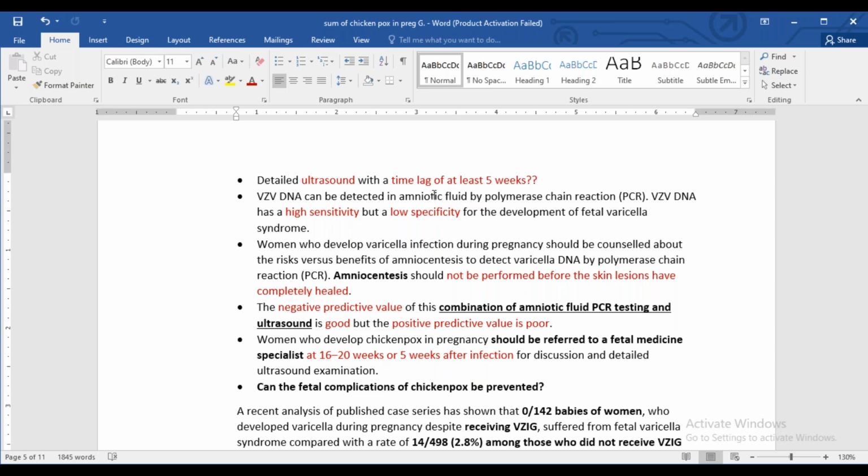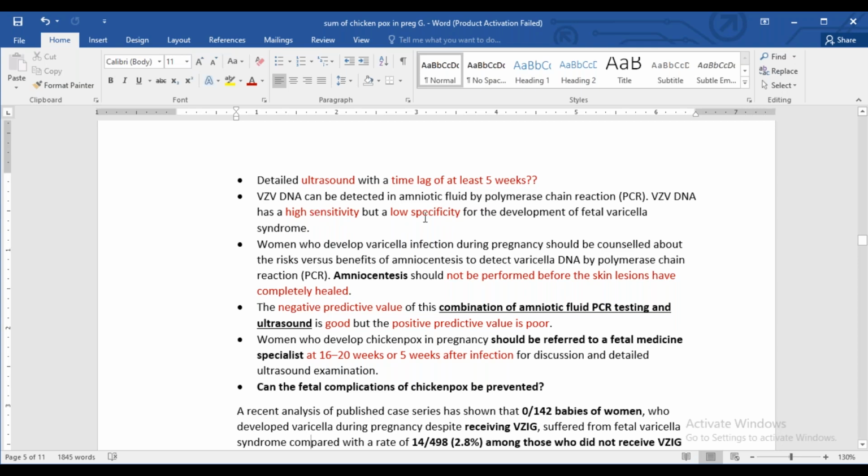Low specificity means the ability of the test to say this baby will not have varicella in the future is low. It may say the baby has no varicella but he may still develop it. Sensitivity is to spot the true positive.